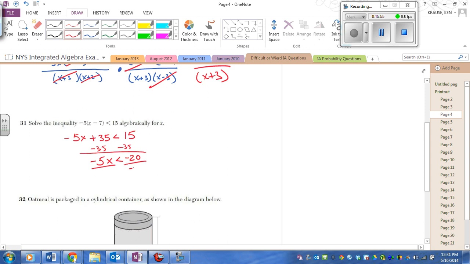What about negative 5? X is less than 4. Or do I? What do I divide by here? Negative 5. When you divide by a negative, as I was talking about earlier, you have to remember to flip the sign.